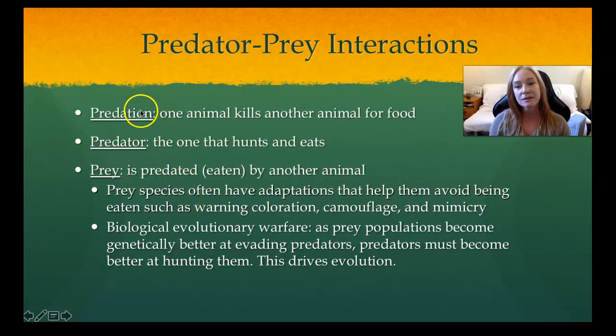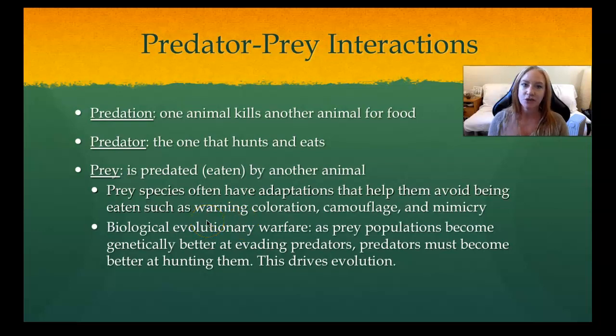Both of these organisms in this relationship are very finely adapted to this relationship. So prey animals have adaptations to survive, to escape or evade a predator, right? Predators are very finely tuned and adapted to getting prey. Bigger, faster, stronger, right? And sneakier too.